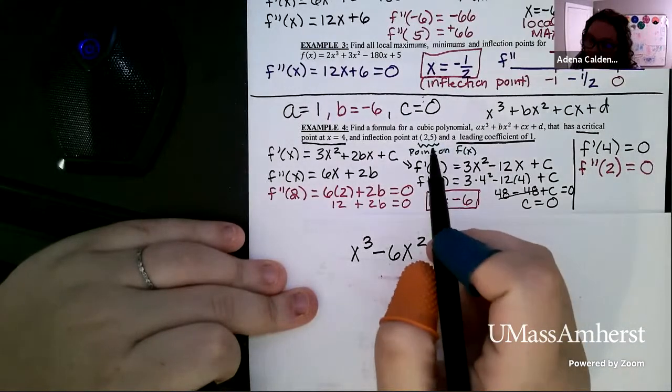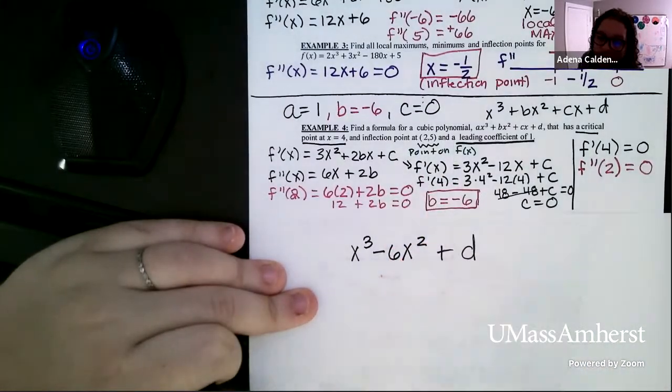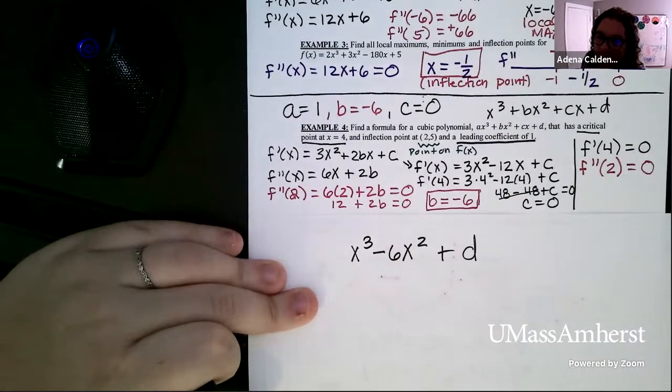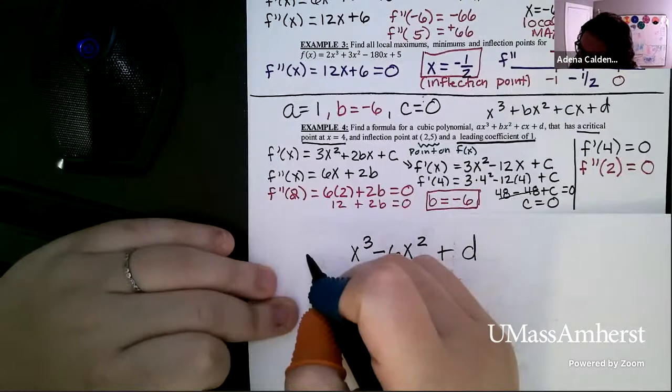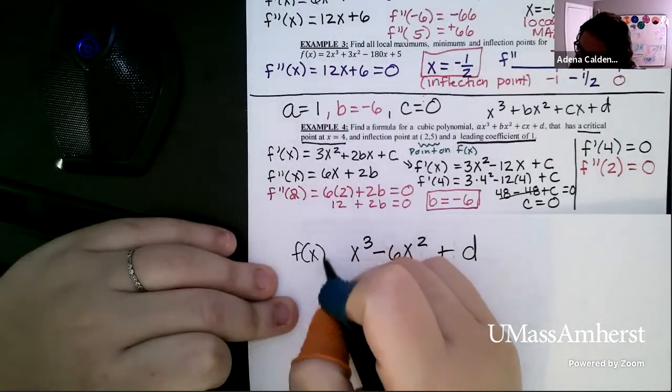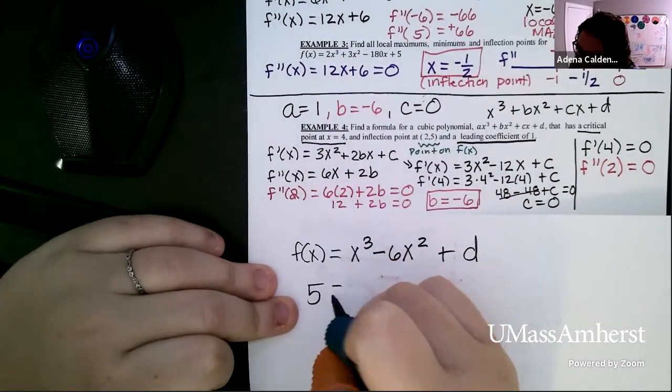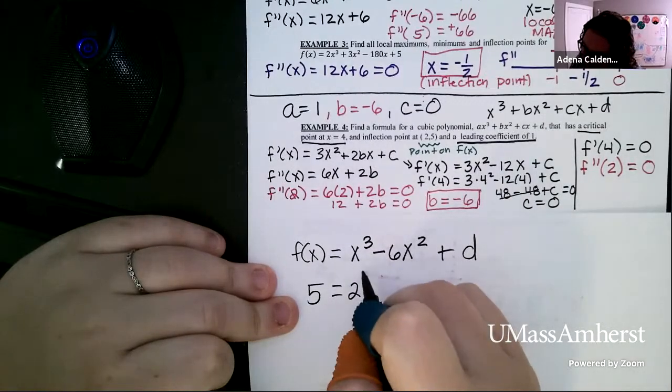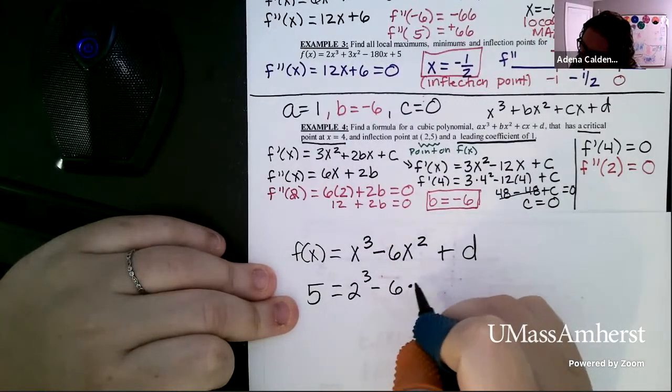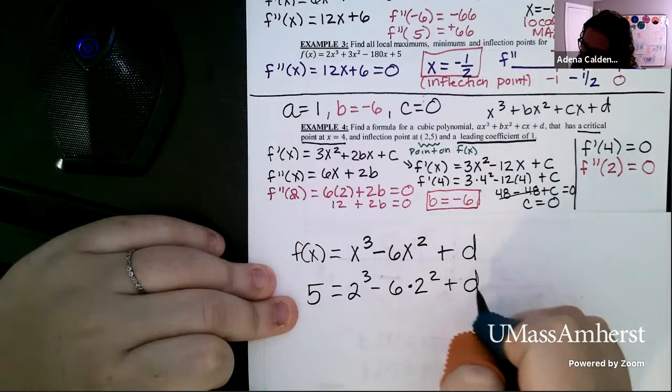So this is where this point comes in. This point is on the original function, which means that when x equals 2, y equals 5. So here, what I can do is plug in a 5 as my dependent value. 2 cubed minus 6 times 2 squared plus d.